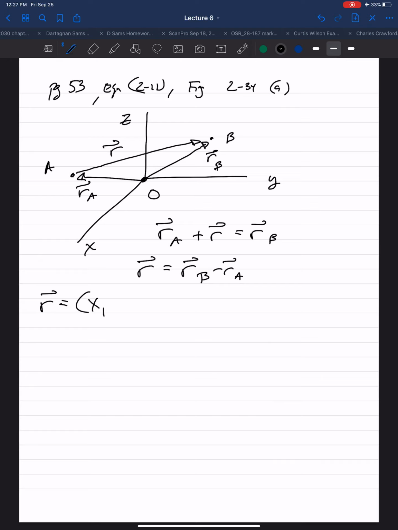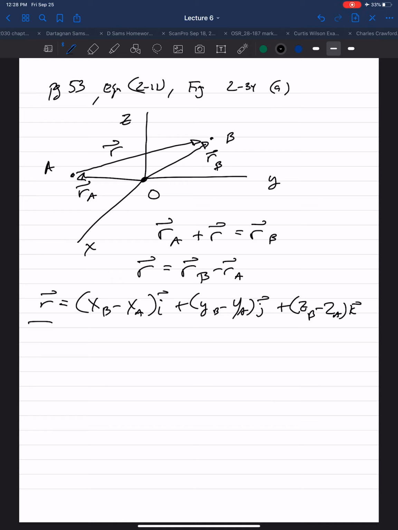in that it's simply the difference in the coordinates of points B and A. So it'd be (X_B minus X_A) I, (Y_B minus Y_A) J, (Z_B minus Z_A) K. So one more time, these are the I, J, K components of vector R, which extends from point A to point B in space, found by taking the coordinates of each one.